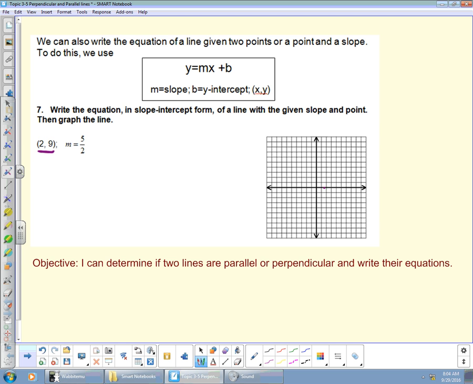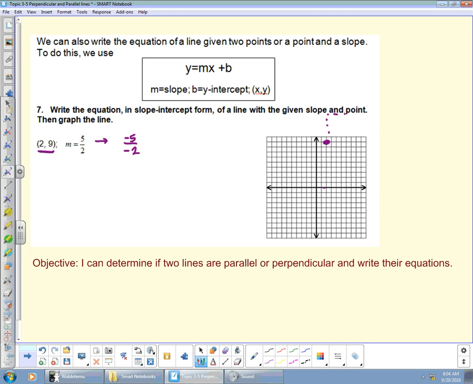So I'm going to go right 2, up 9, put a point. Now, m is equal to 5 over 2, but you notice I can't go up 5, right 2, because I'm going to go off the page, or off the grid, I'm sorry. And so the opposite of that would be down 5, left 2.